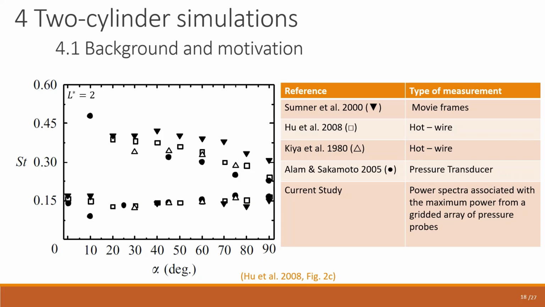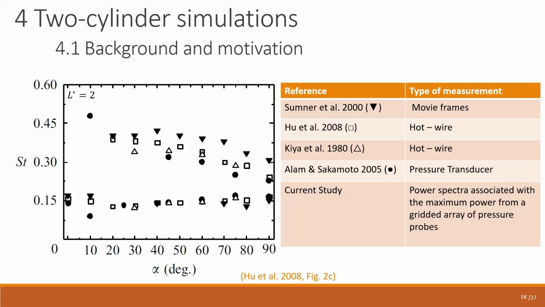Sumner et al. use movie frames of the flow pattern to count the vortices over time. Hugh et al. and Kaya et al. use hot-wire measurements. Alam and Sakamoto use a pressure transducer.